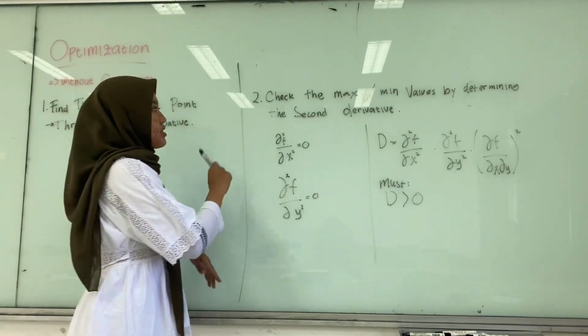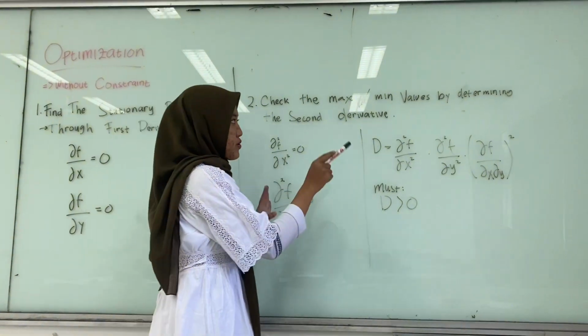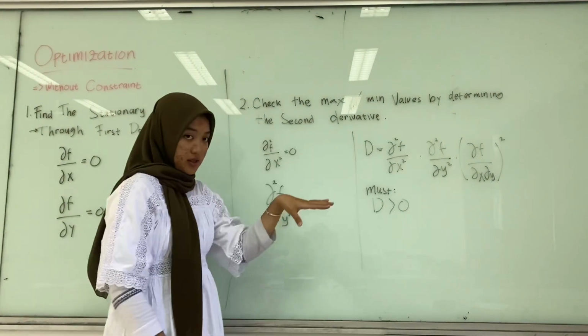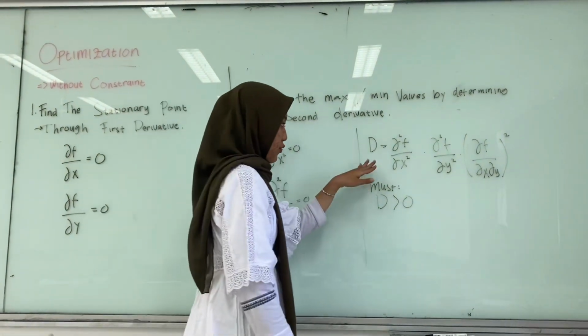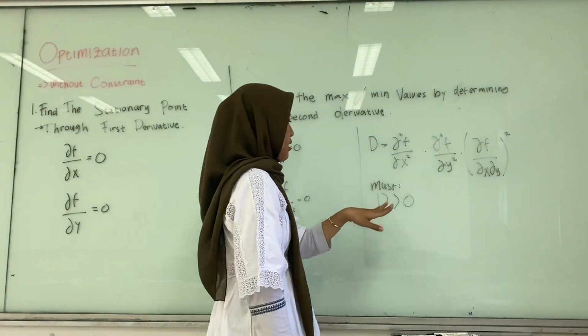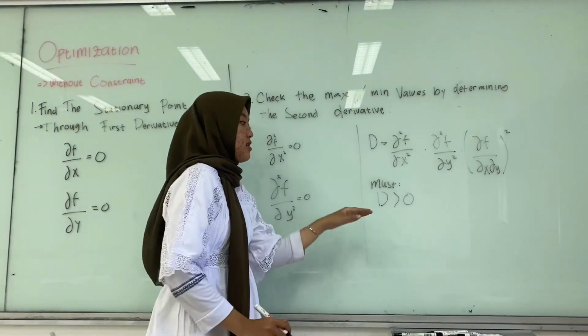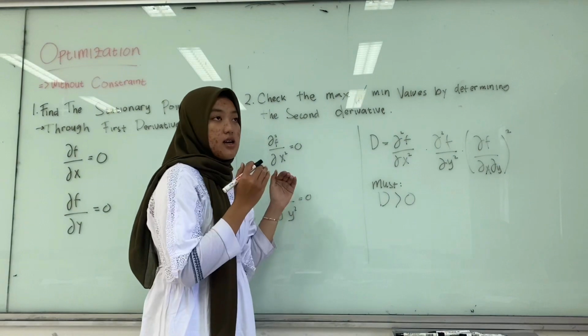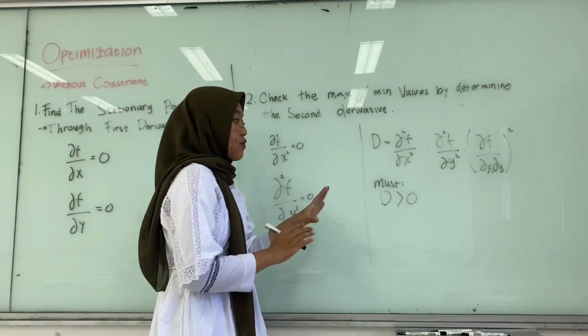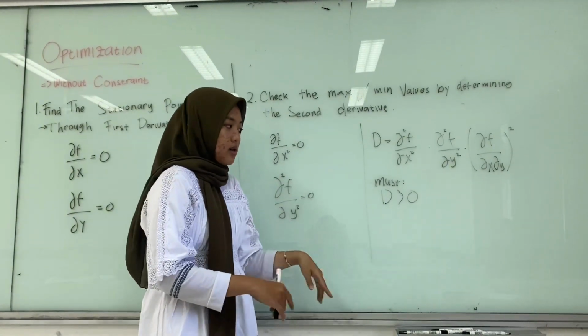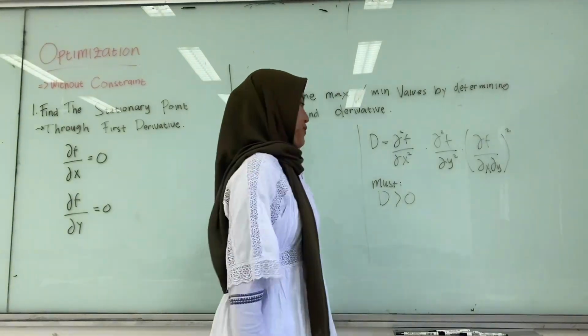The second step is we check the maximum or minimum values by determining the second derivative. And this is the formula, and the result must be more than 0. If the D is less than 0, we must stop the work because it needs higher computation.